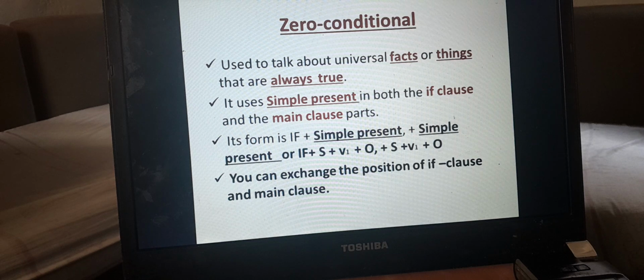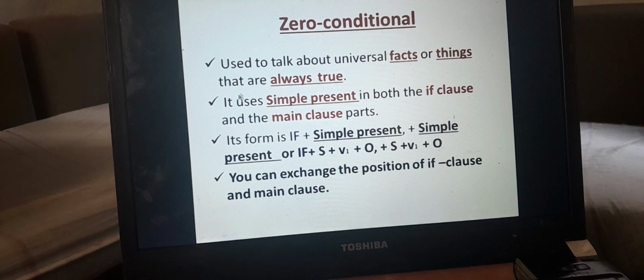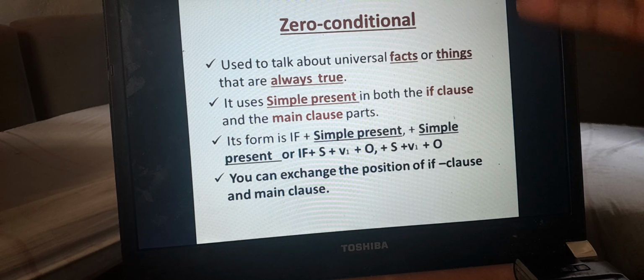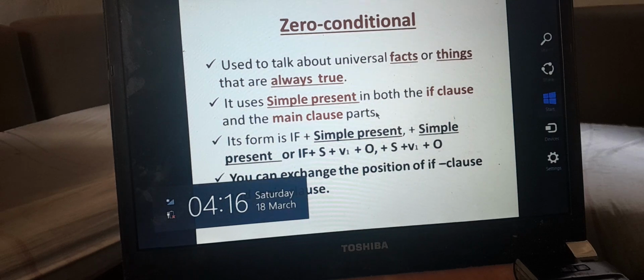And for that, you should know these factors, okay? It uses simple present in both the if clause and the main clause parts, okay? To express things that are always true with zero conditional, you are going to use only simple present, from both sides, which means the if clause part and the main clause part.